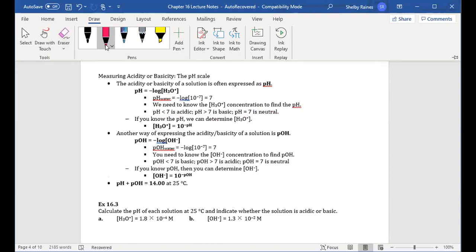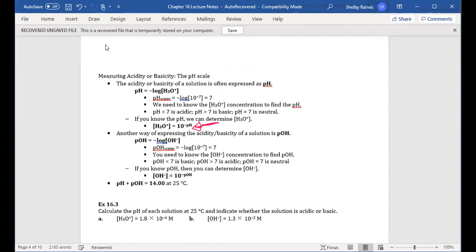We can do that by doing the inverse of log, which is just 10 raised to the negative pH power. So that's how I'd find my hydrogen concentration. To find my hydroxide concentration, I would say 10 to the negative pOH power.